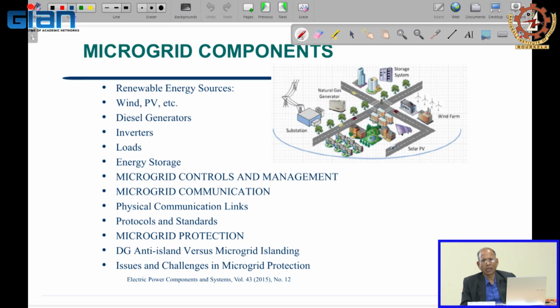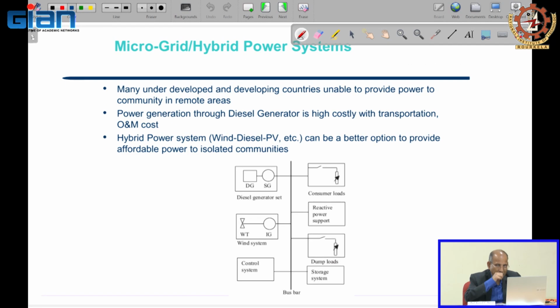But if you have a really big diesel generator, then you will have more sophisticated controls, because whatever additional cost is incurred on the large size, you can justify. With a small size, if you make the control system very costly, it doesn't justify. These different components are very nicely documented in this reference paper.